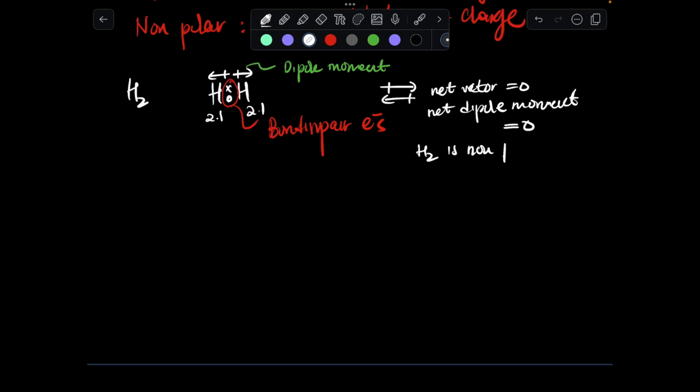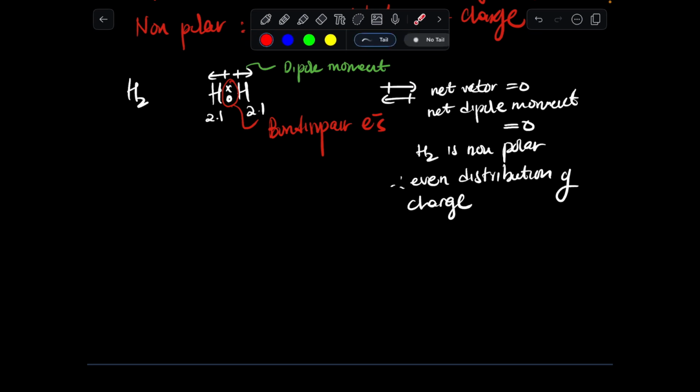And therefore there's an even distribution of charges. So guys, no net dipole moment here.